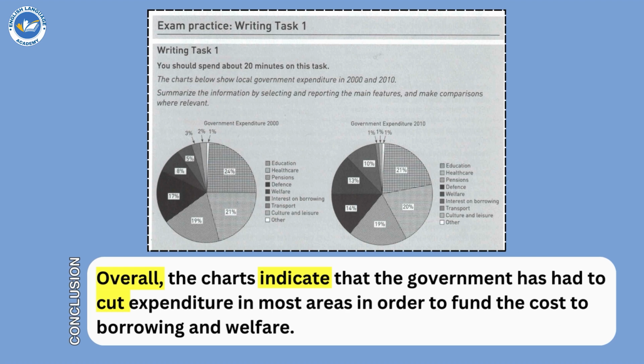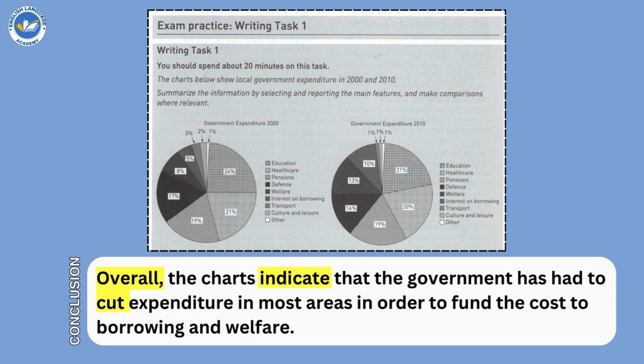And then we have the word indicate, which is a verb that means to point out or show something. And we generally use this when we are talking about charts and graphs. We say the information indicates this, or it suggests this, or it tells us this. It is used to suggest or demonstrate an idea, a fact, or a state of affairs, either directly or indirectly.